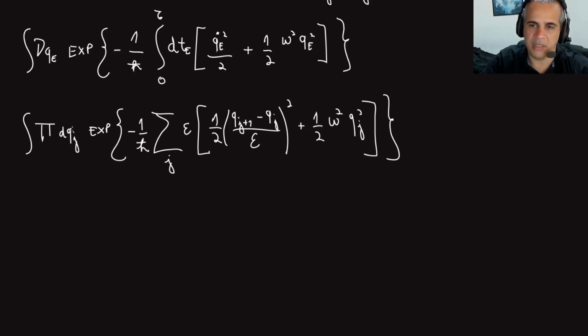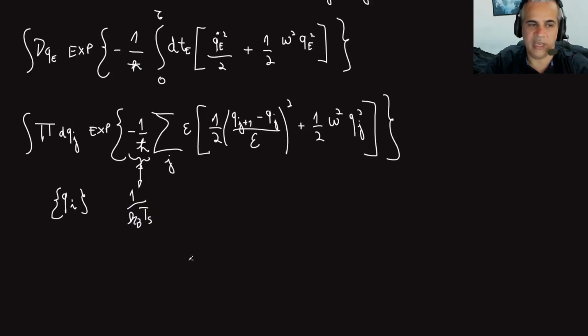I'm integrating over all these variables, so I'm taking into account all the possible configurations q_j. Any set of q_j's is a different configuration.